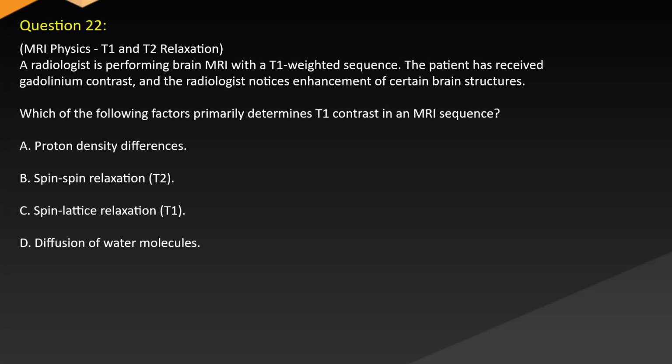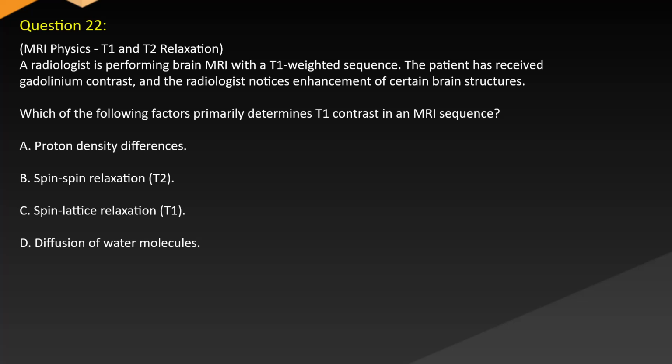Question 22. MRI physics. T1 relaxation. The radiologist is performing brain MRI with a T1-weighted sequence. The patient has received gadolinium contrast and the radiologist notices enhancement of certain brain structures. Which of the following factors primarily determines T1 contrast in the MRI sequence? A. Proton density differences. B. Spin-spin relaxation. C. Spin-lattice relaxation.